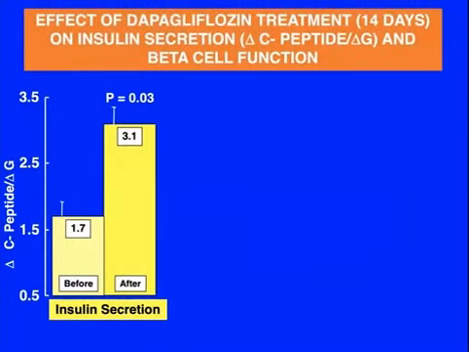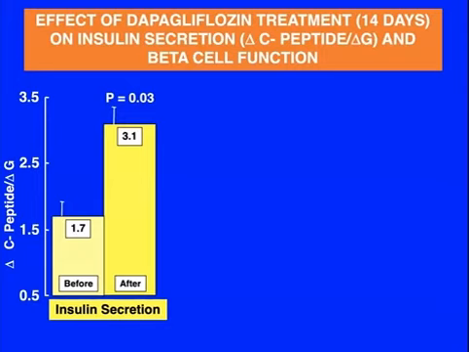Now, insulin secretion during the OGTT increased about twofold as measured by C-peptide over the increment in glucose. But insulin secretion should not be equated with beta cell function. So the beta cell can sense how resistant you are or how sensitive you are to insulin. So if you want a real measure of beta cell function, you have to take the amount of insulin which is secreted and factor it by the severity of insulin resistance.